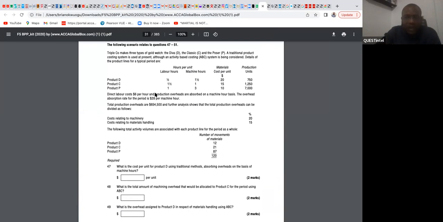So since our overhead absorption rate is $28 per machine hour, then our cost per unit for product D will be $28 per machine hour multiplied by the number of machine hours for product D. And the number of machine hours for product D is 1.5.